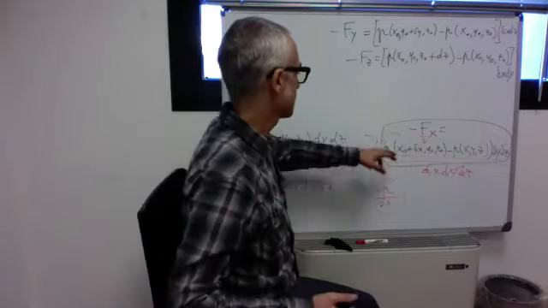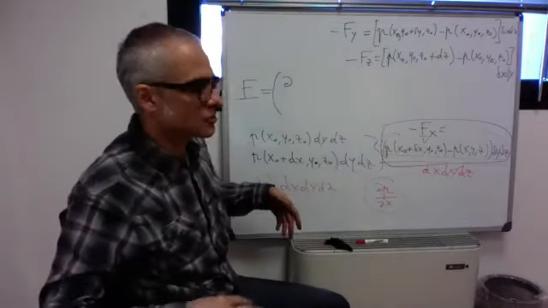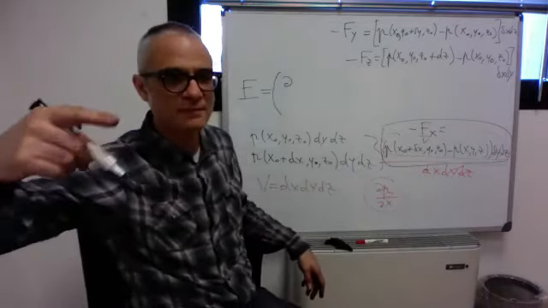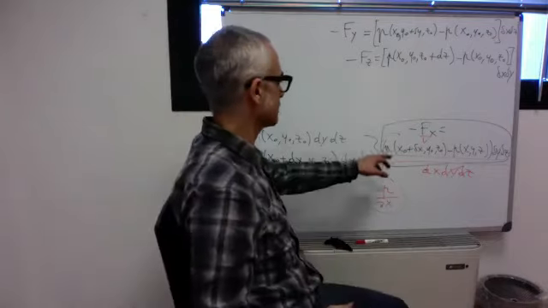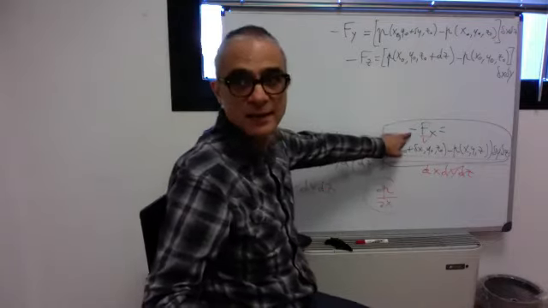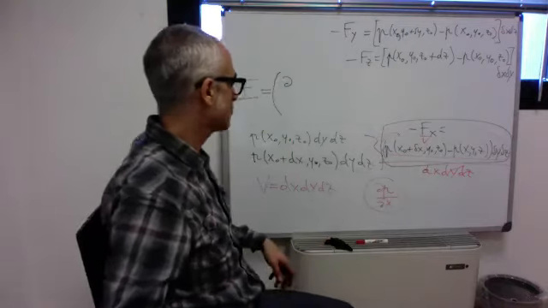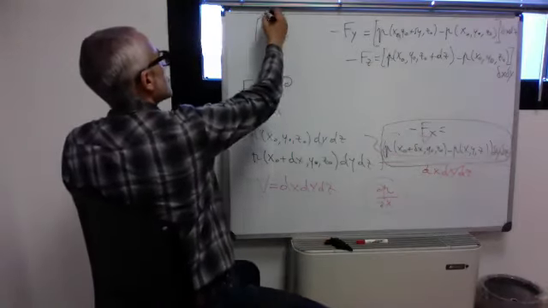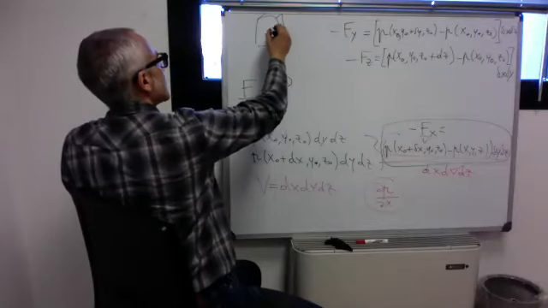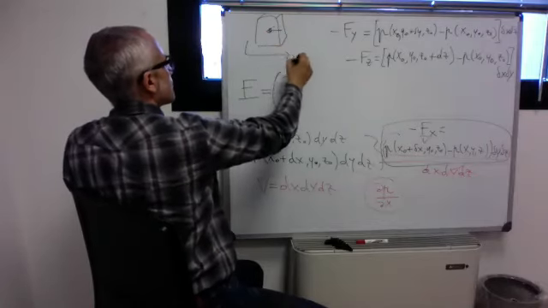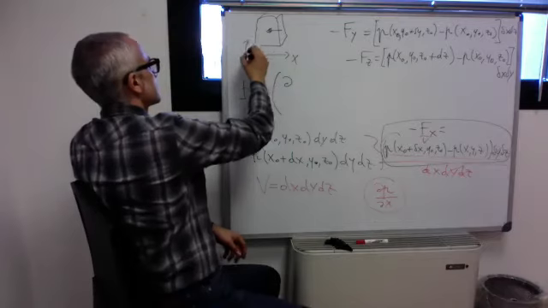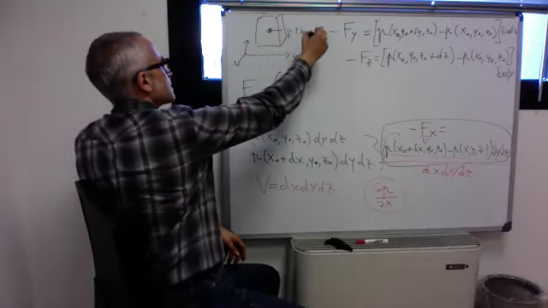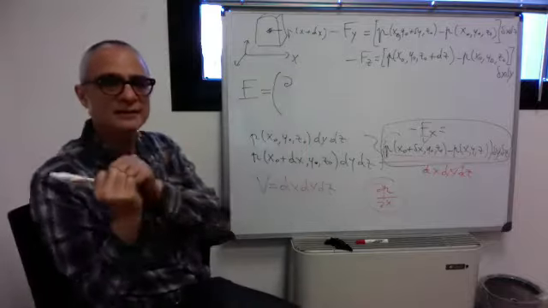It's just a convention, but it's one I prefer to use in the remainder of this lecture. Remember, that was my cube. That's the positive x axis, and p at x plus dx is pointing in the negative x direction.